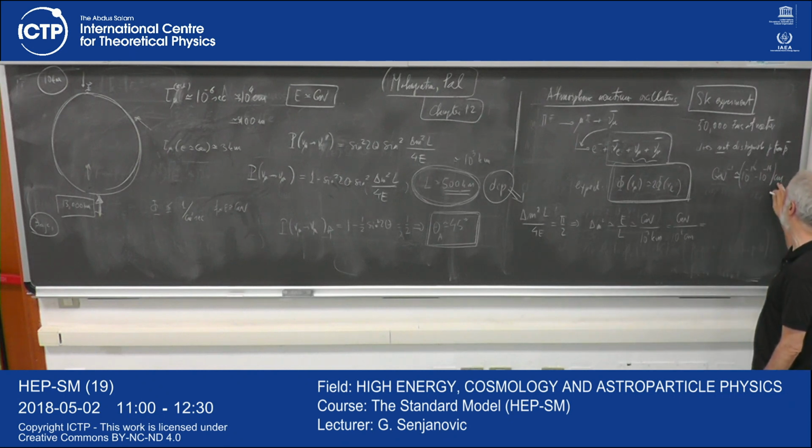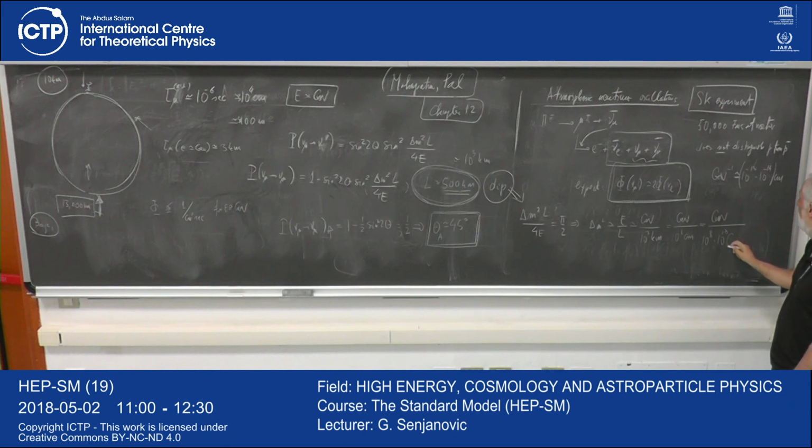So that means that the centimeter is what? Is 10 to the 13. So this is GeV. This is 10 to the 8. And then the centimeter should be roughly 10 to the 13 if I'm right. I'm going to take 10 to the 13 because it's a factor of 2, 3 times. That's how I remember it. And the centimeter is, what is this? GeV to the minus 1.